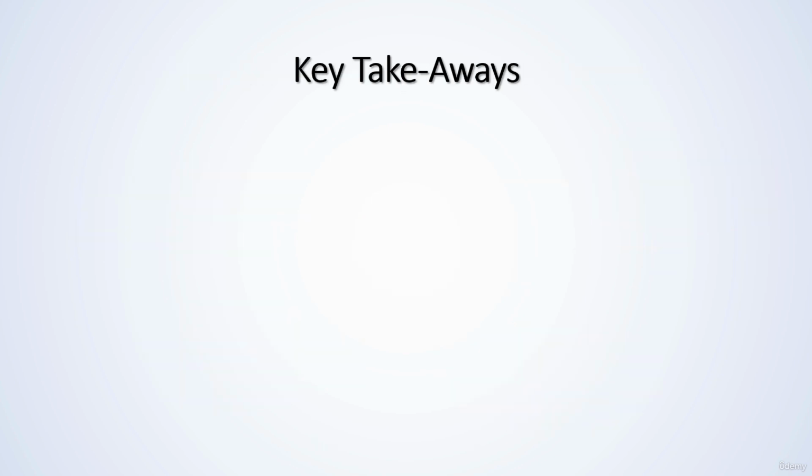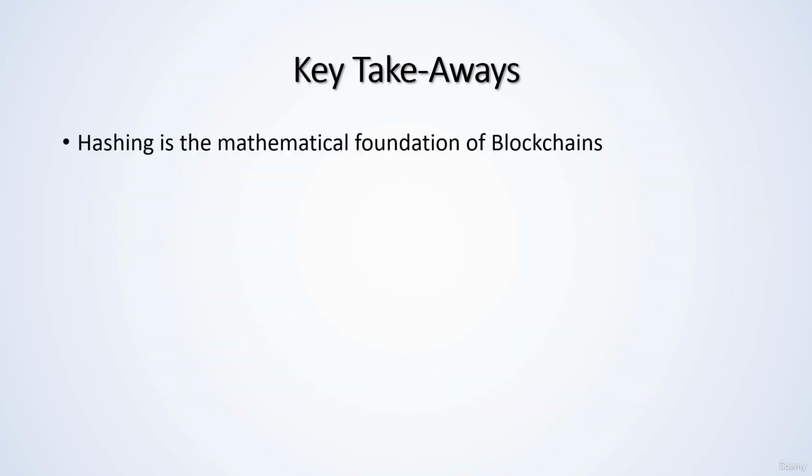Okay, our key takeaways. Hashing is the mathematical foundation of blockchains. There's no other way to say this. This is the base of why the blocks are chained together, because in every block you get a hash of the previous block.